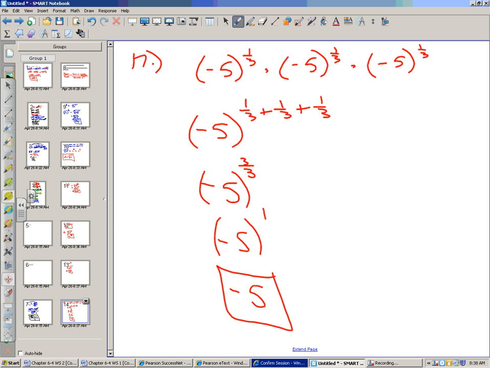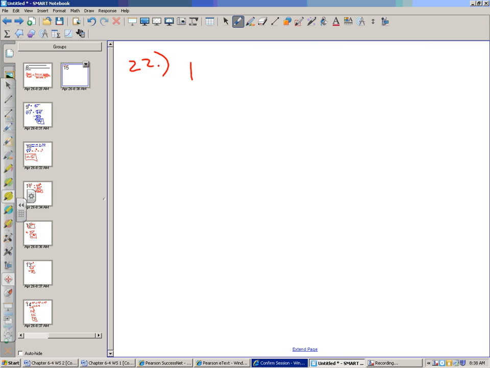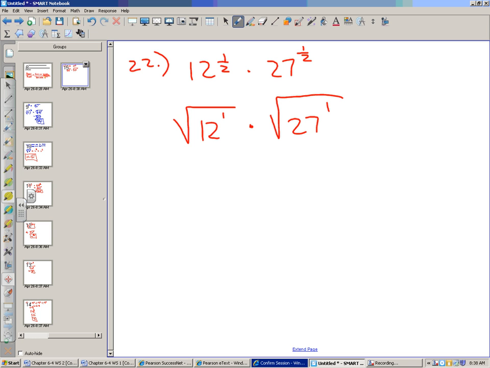22. 12 to the 1/2 times 27 to the 1/2. Take it out of fractional exponent form and write it as a radical. So how do you do that? The square root of 12 to the 1st, times the square root of 27 to the 1st. Do we see that? Notice I took it out of that form. So we've already seen this problem.